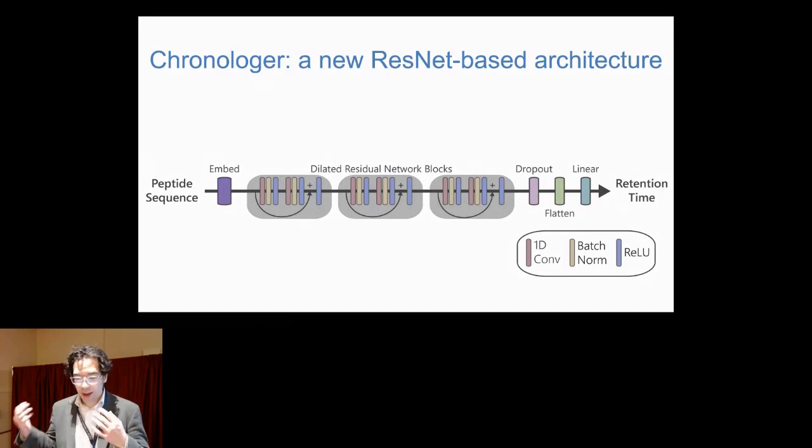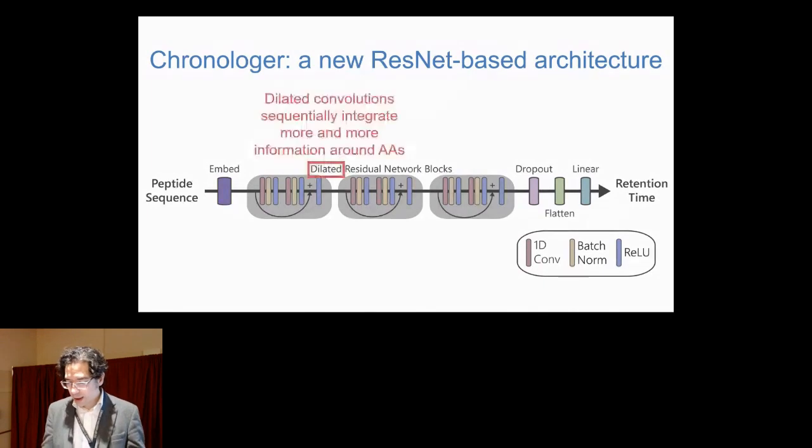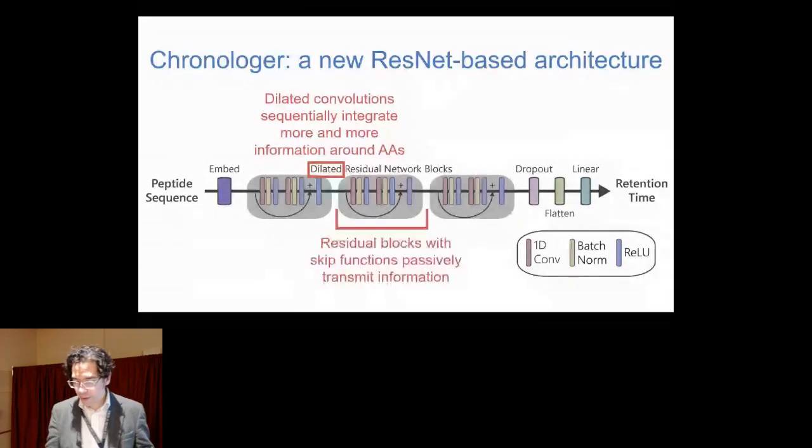It uses a ResNet-based architecture, designed with an embedding layer and a bunch of residual network blocks. In this case, these are dilated, so each of these blocks increases the scope around the number of amino acids that we're considering, giving a little bit of new information at each one.